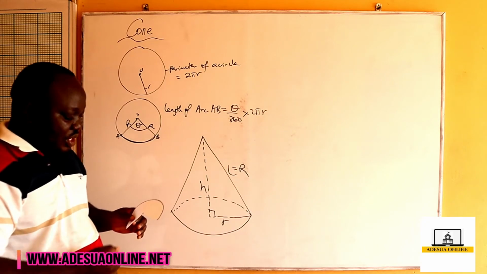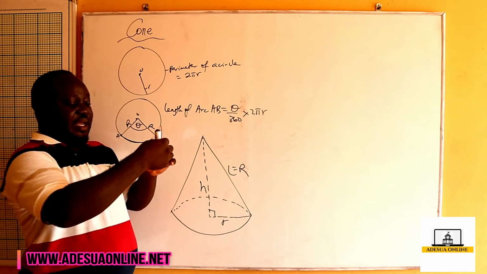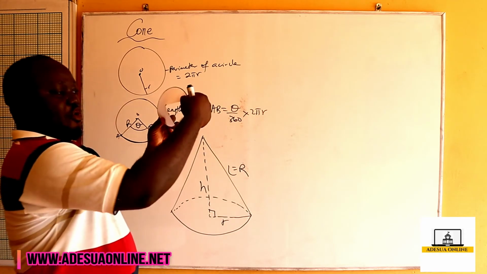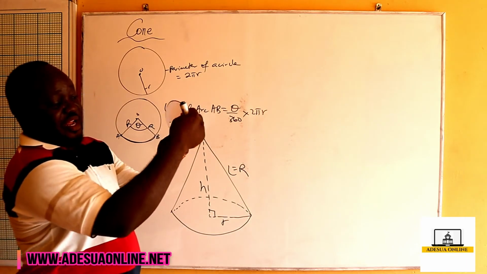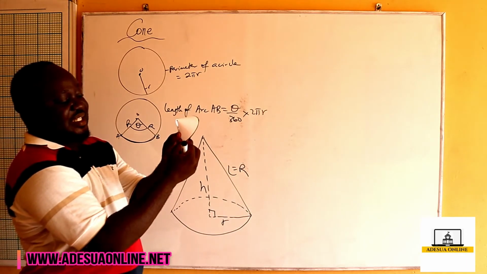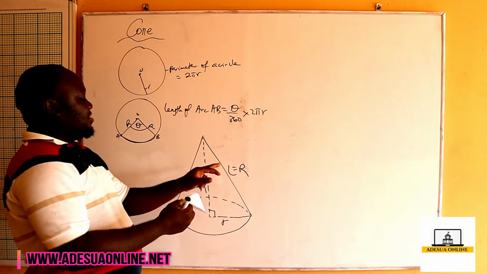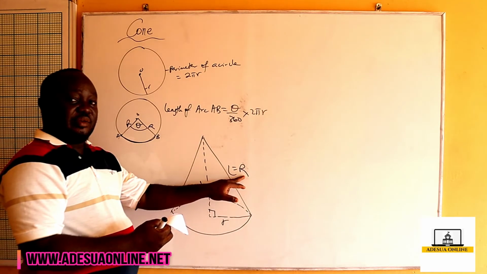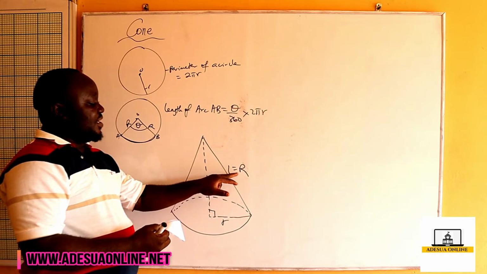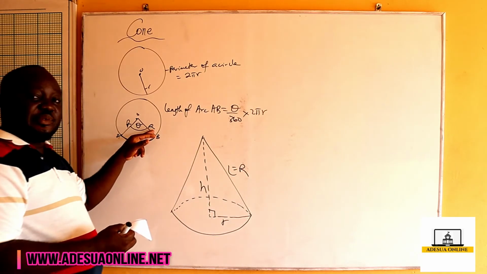You realize that this radius, when I fold it, becomes my slant height L. That's why I'm putting it as capital R here. So my slant height L is equal to my radius here.